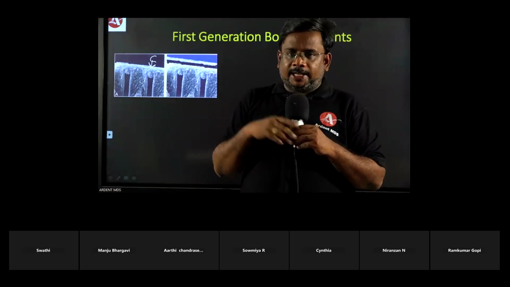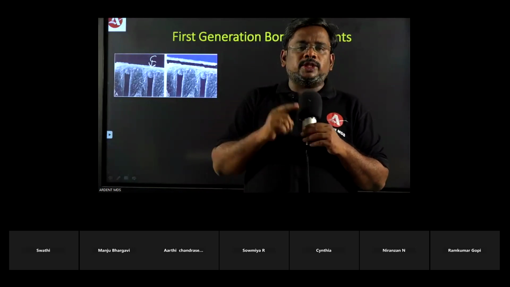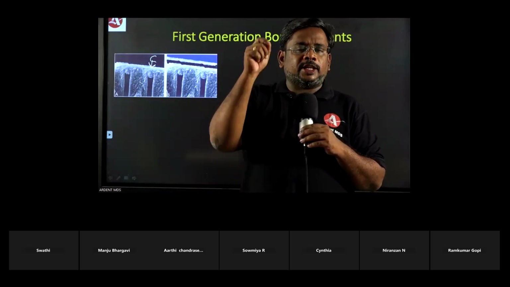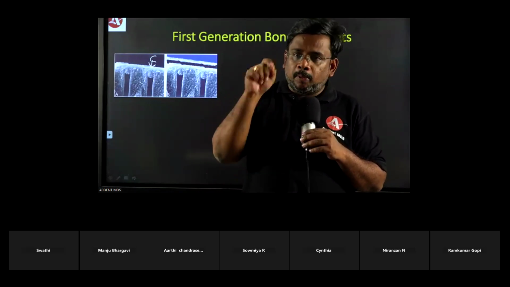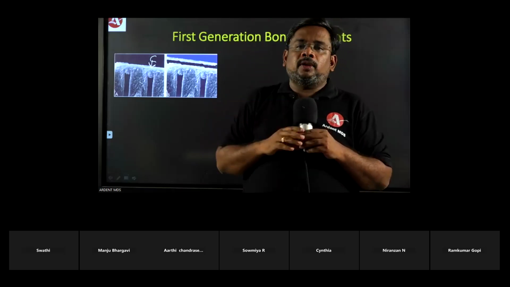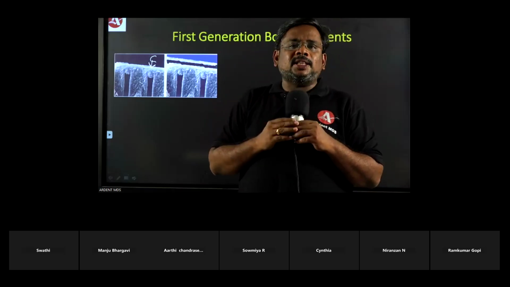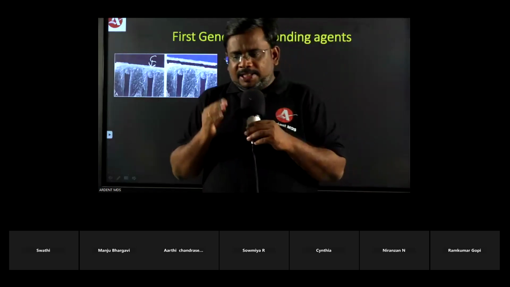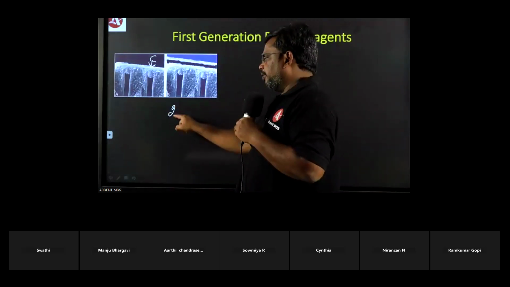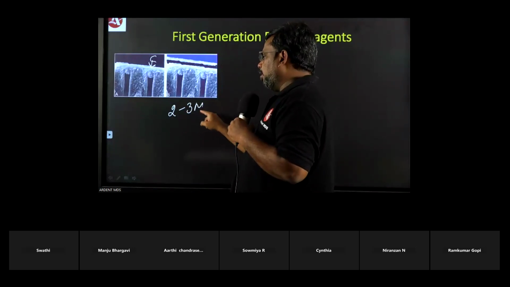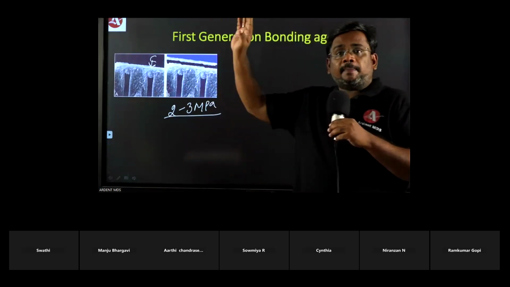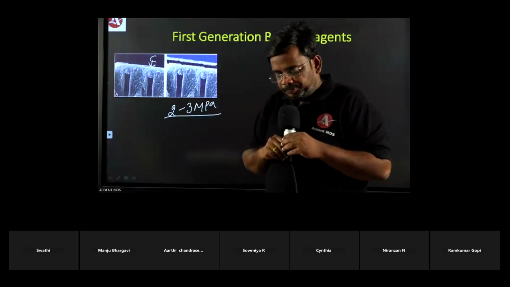Let me repeat: in the first 2 generations, the bonding agent is not bonded to the tooth; it is bonded to the smear layer. What is the strength of the first generation? It is very negligible, between 2 to 3 megapascal only, which is very less compared to the enamel bonding agent.